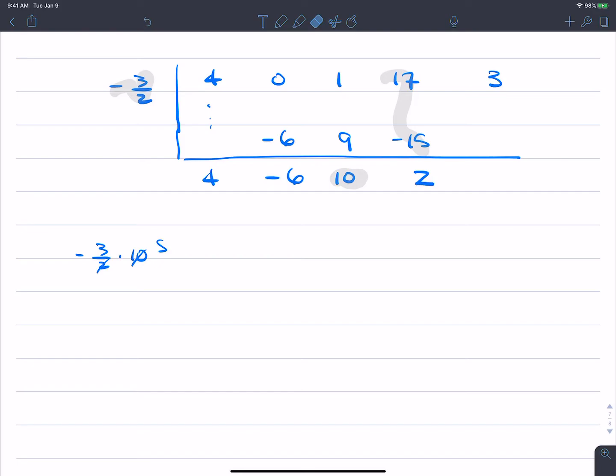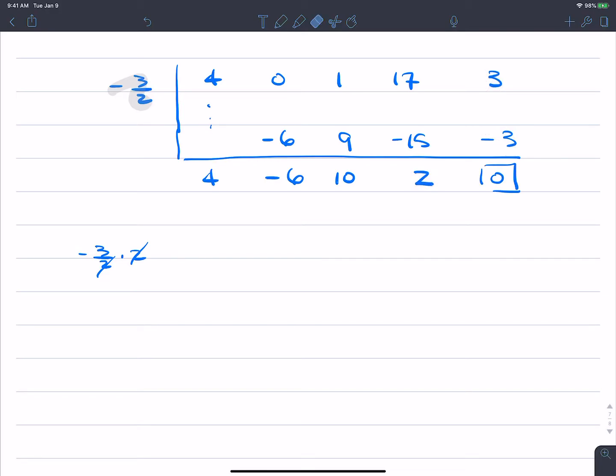We get to repeat the process. Negative 3 halves times 2 is going to give us negative 3, because the 2's cancel. Now, when I add 3 with negative 3, the answer will be 0.